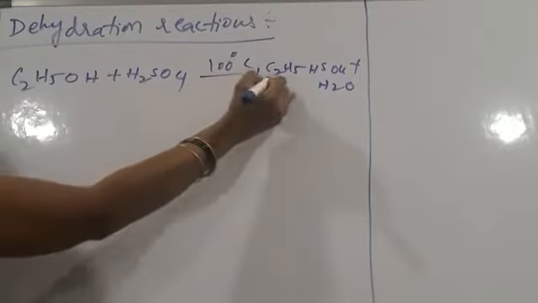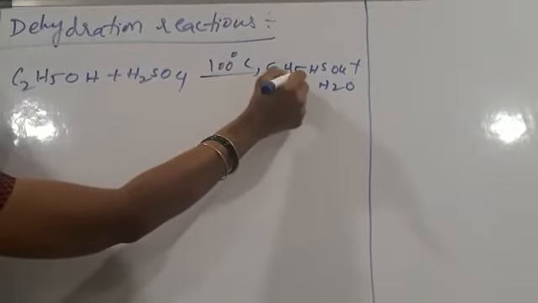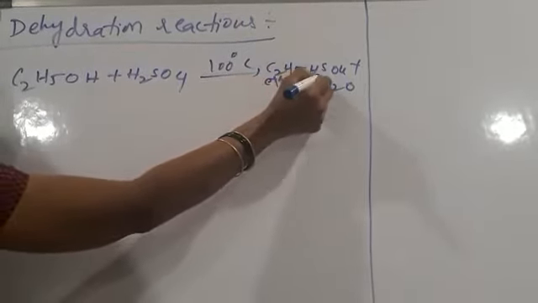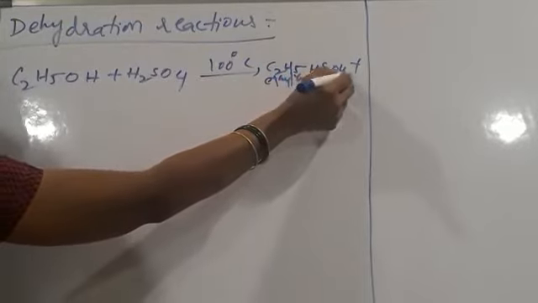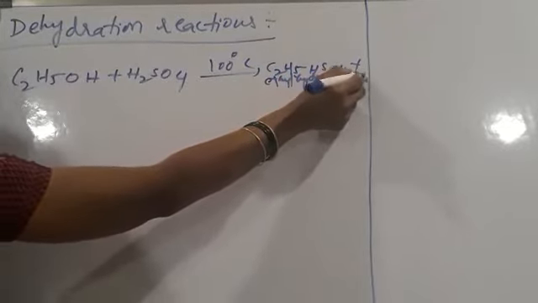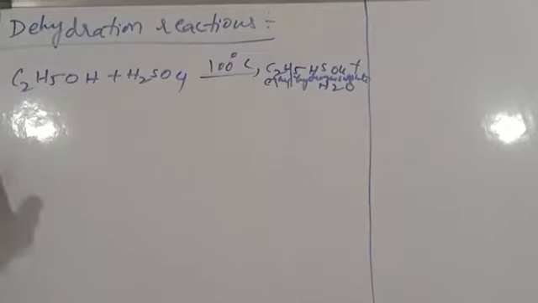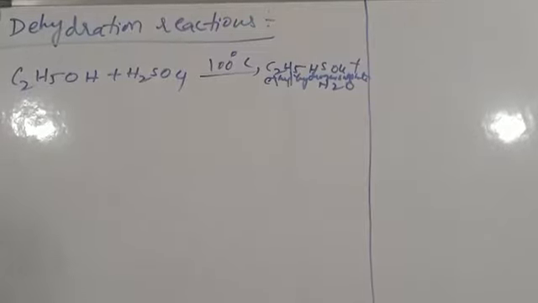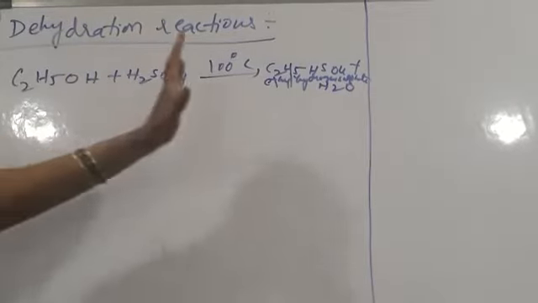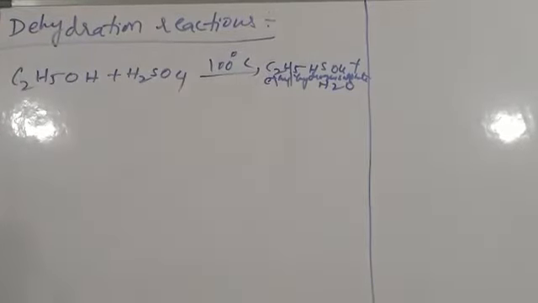So this is ethyl hydrogen sulfate. Next, ethyl alcohol undergoes dehydration in presence of concentrated sulfuric acid at 170 degrees centigrade.